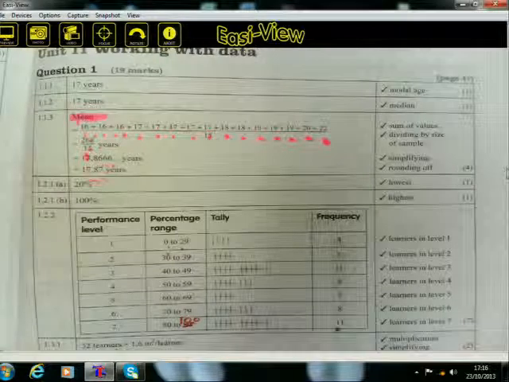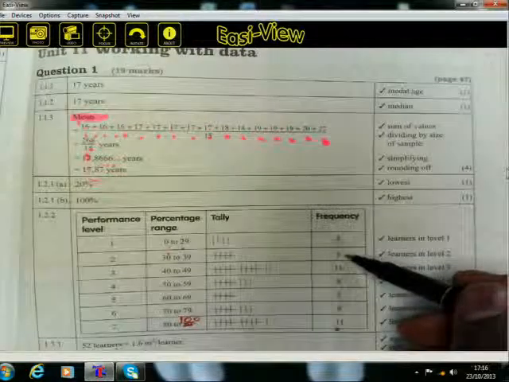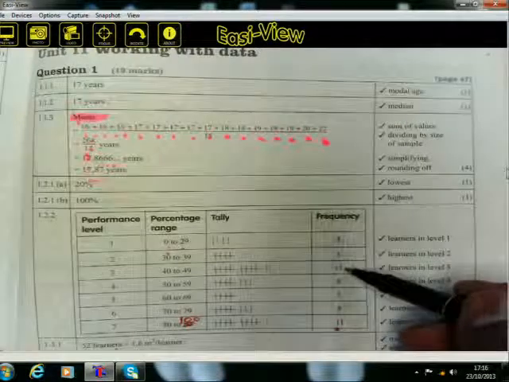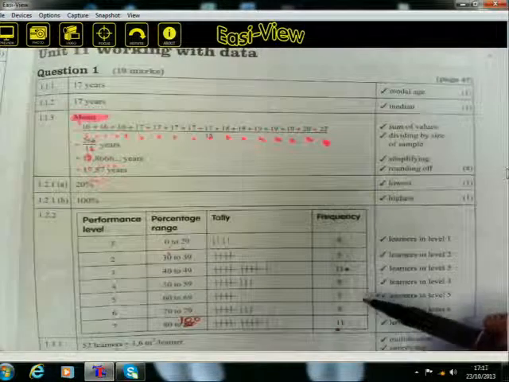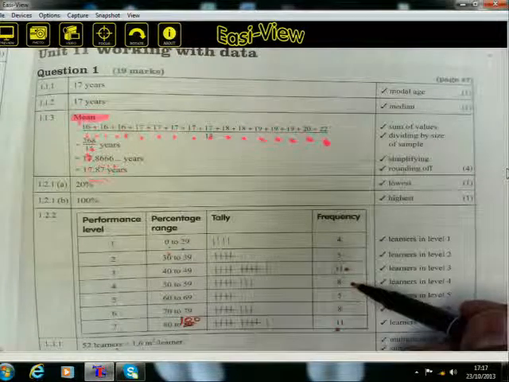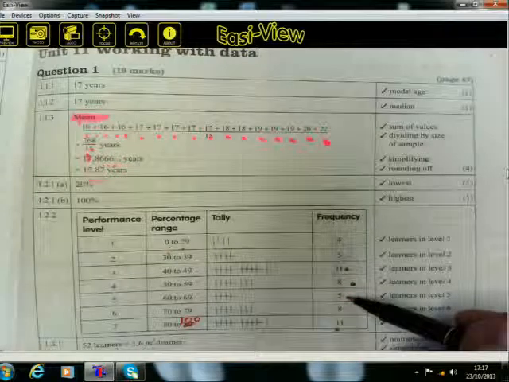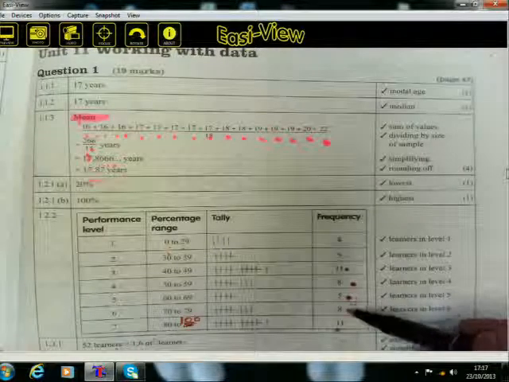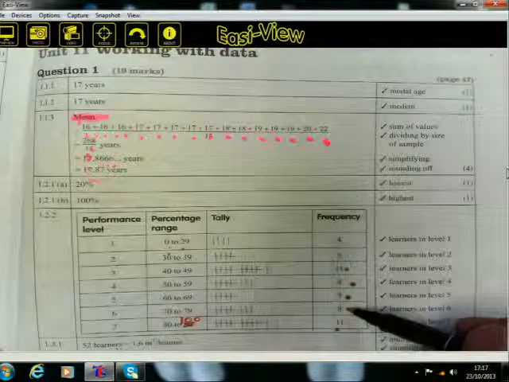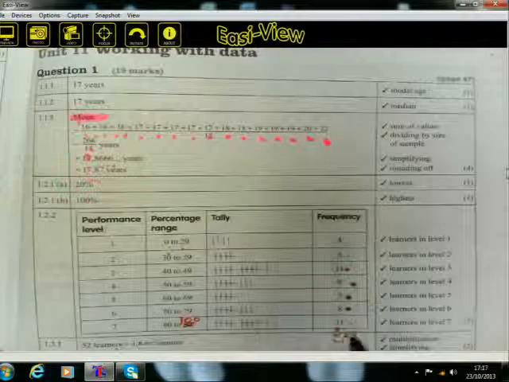Now remember, let's check our total here. It's 4 plus 5, it's 9. Plus 11, 20. Plus 8, 28. Plus 5, 31. Plus 8, 39. Plus 11, 50. What does the question say?